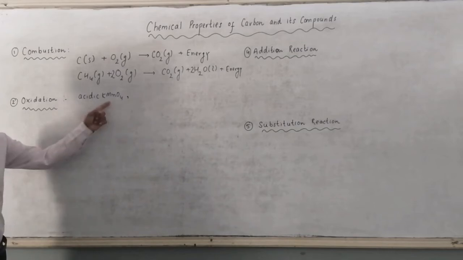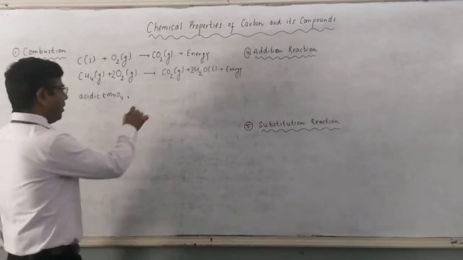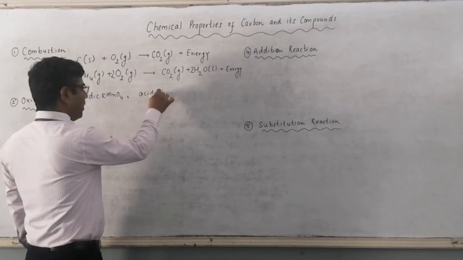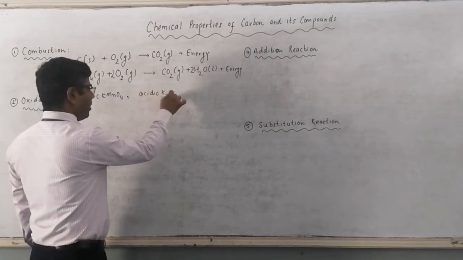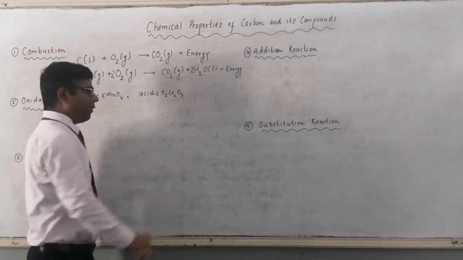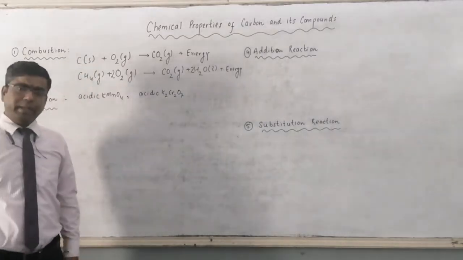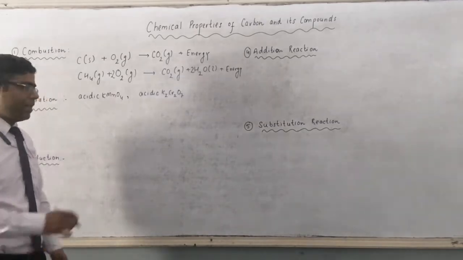It can be used as an oxidizing agent. We can also use acidic K2Cr2O7, potassium dichromate. It can be used as an oxidizing agent.